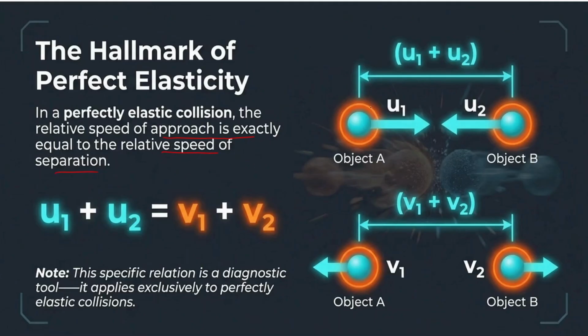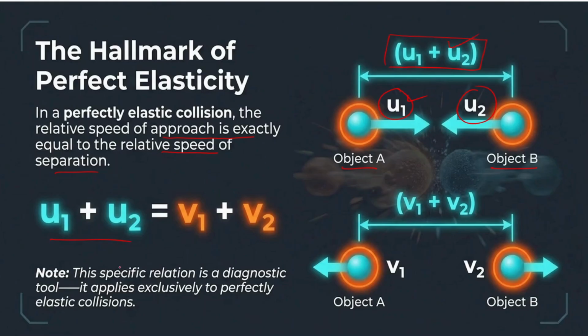Here, I have shown two objects, A and B, approaching each other. Object A has speed u1 and B has u2. Now we know the relative speed concept: they are approaching each other, meaning they are in opposite directions, so the relative speed of these two objects is u1 plus u2.